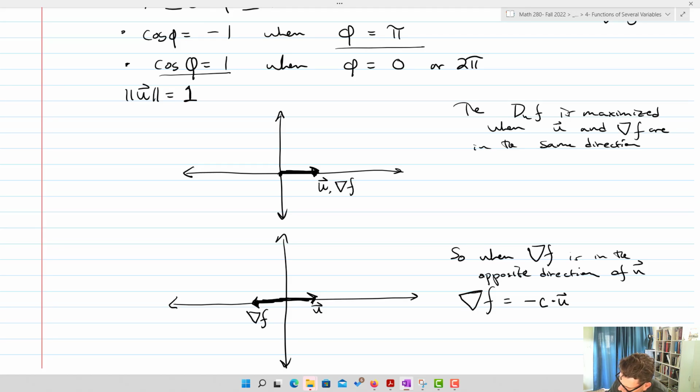And the directional derivative is maximized when we have del f equals some scalar times u. That is, they're in the same direction, and they're scalar multiples of each other if they're in the same direction. So opposite directions is minimized, and same direction is when they're maximized.